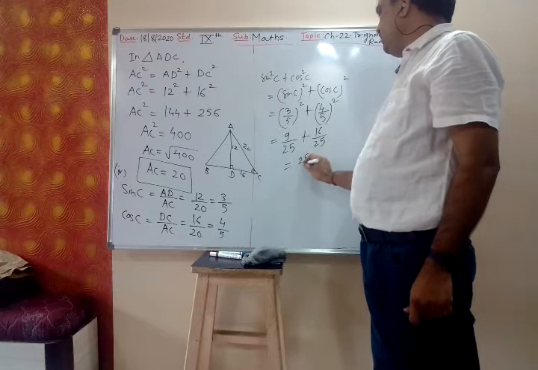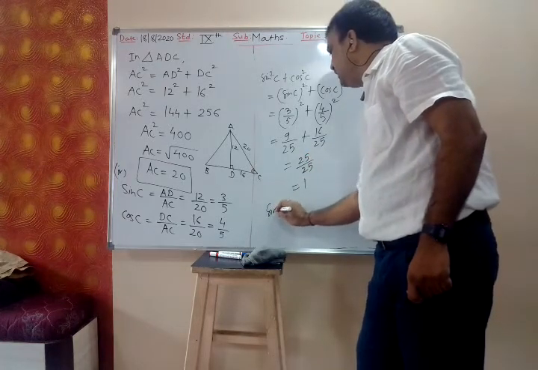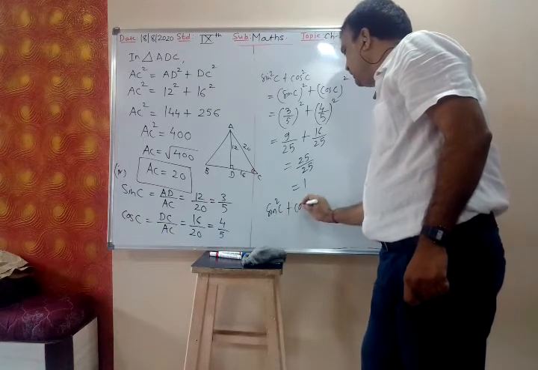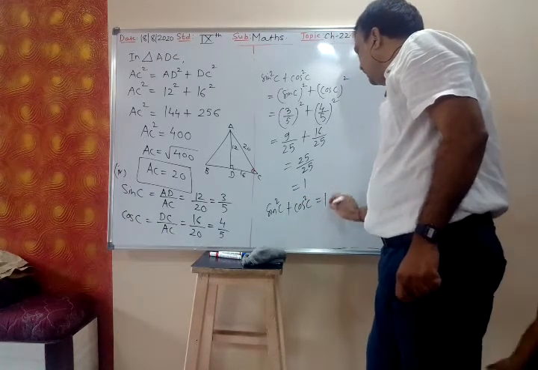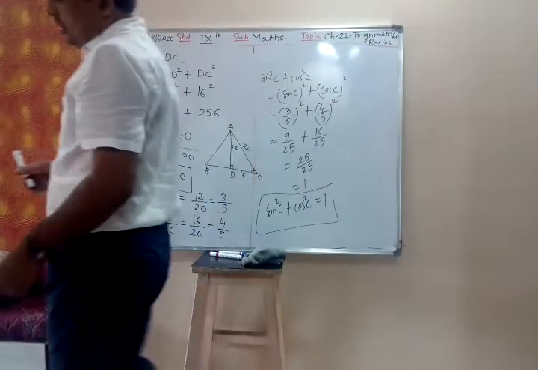So that is 25 upon 25, that is 1. So the value of sine square C plus cos square C is 1.